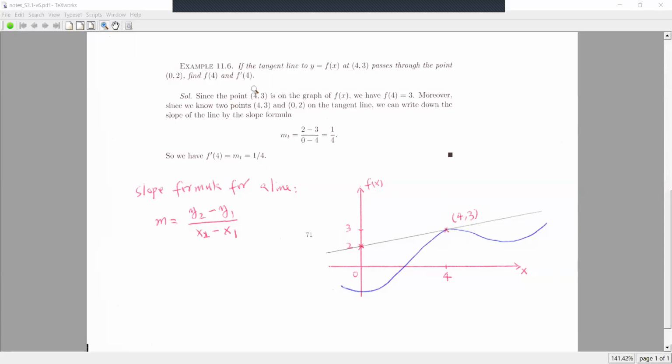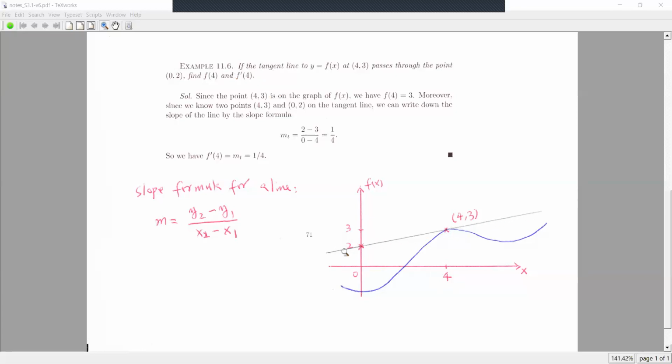Now, we turn to determine the derivative f'(4). By fact number 1, it is the slope of the tangent line at the point 4. That is, this guy is the slope of this tangent line.